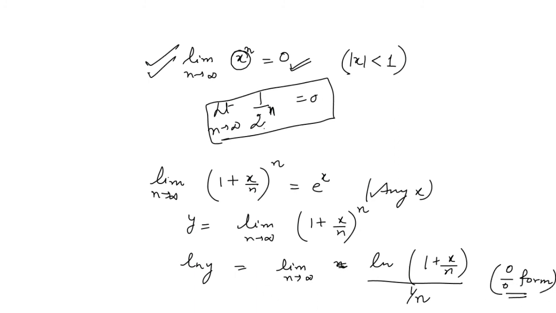Right? Again, you have to apply L'Hopital's rule to find the limit of this. So this is ln of 1 plus x by n divided by 1 by n. Now take its derivative with respect to n.